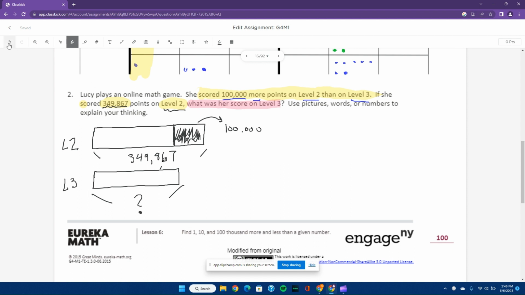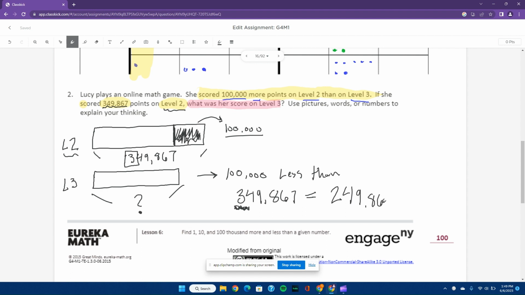Well, since she scored 100,000 more on level 2, I can take a look at the digit here in my hundred thousands place. And since she scored less on level 3, this is going to be 100,000 less than 349,867, which is just taking this digit in the hundred thousands place and one less than that to make 249,867.